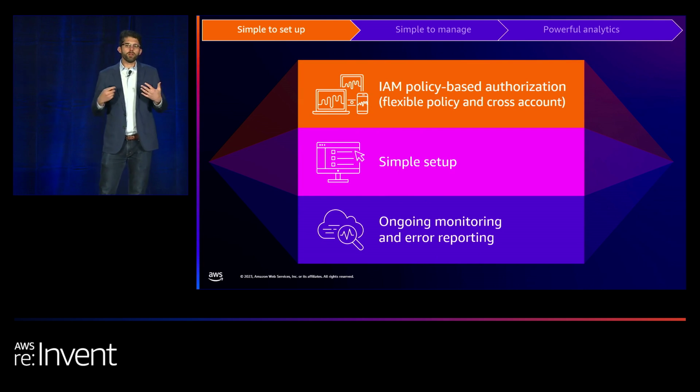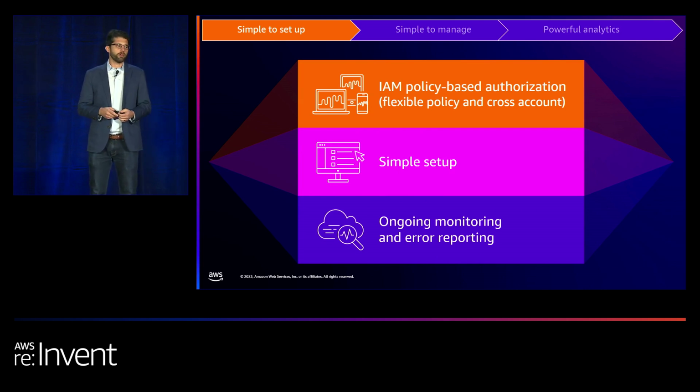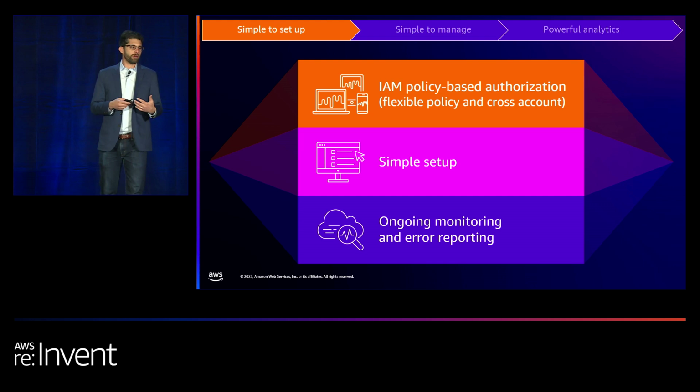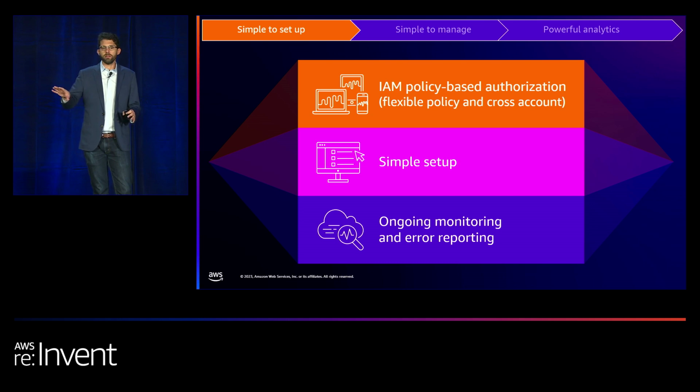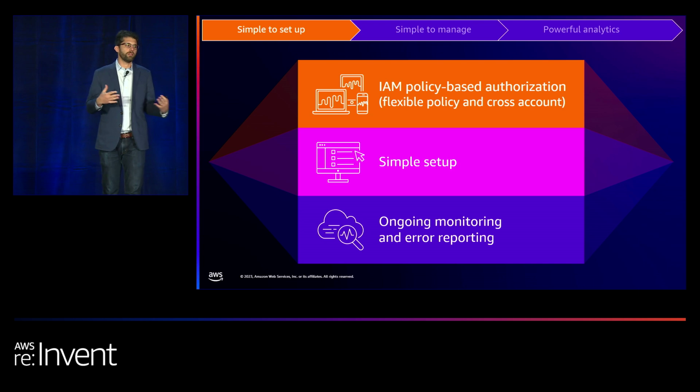So when you come to create a zero-ETL integration, you first need to figure out, does your Aurora cluster and your Redshift data warehouse live within the same account? Are these different teams? Are these resources in different accounts? The good thing is that we support all of these modes.